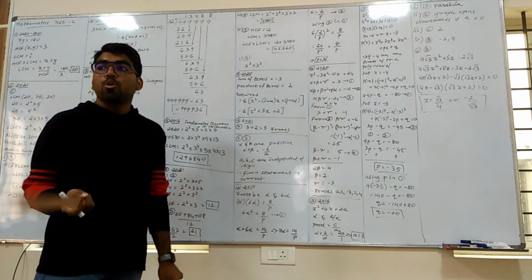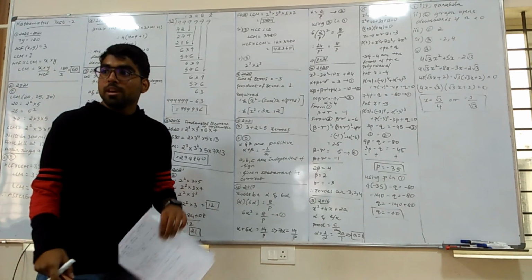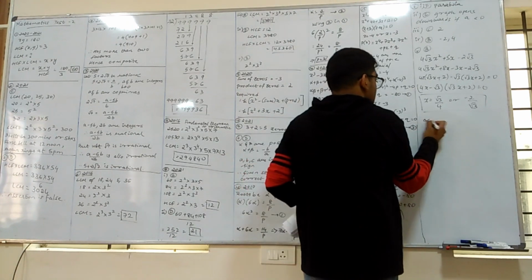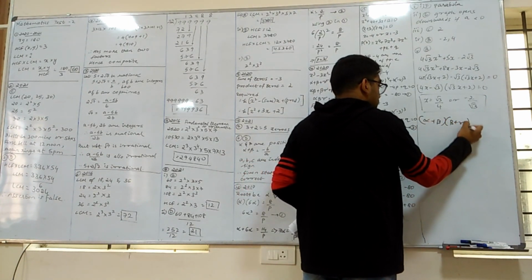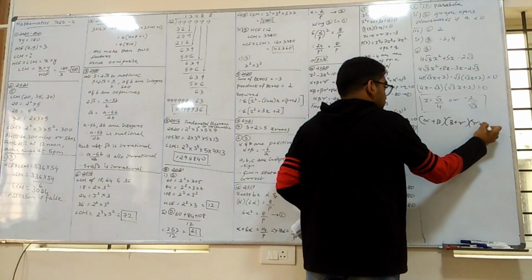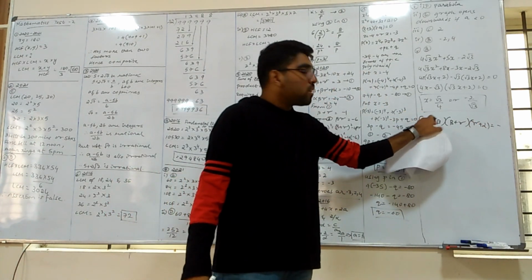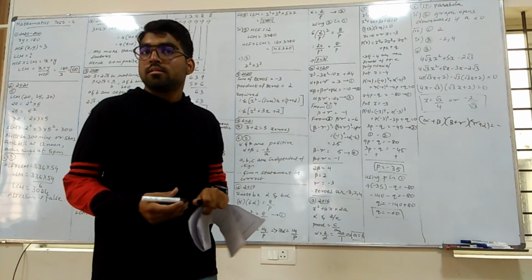One more comes under POS, product of sums. What will it be? Product of sums means alpha plus beta into beta plus gamma into gamma plus alpha is equal to something. Product of sums. This is sum of products.